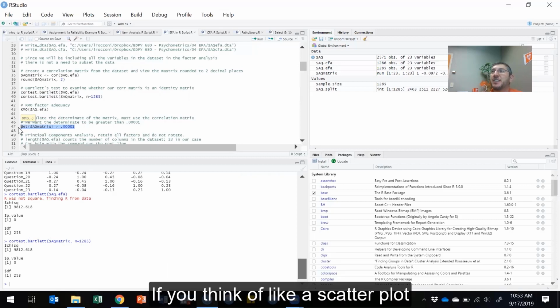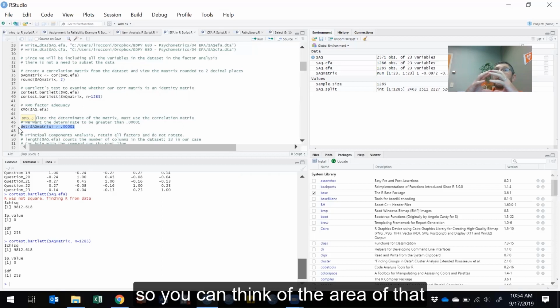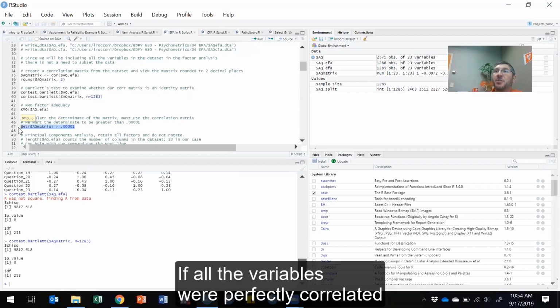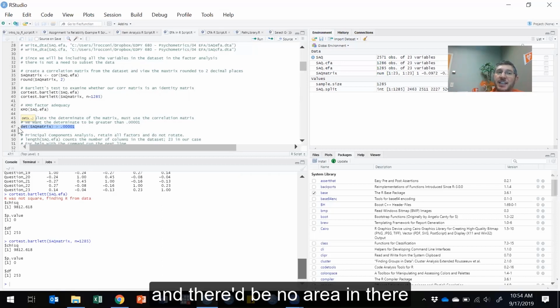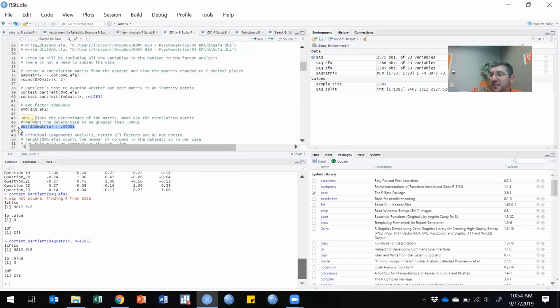If you think of a scatter plot, and all the variables are plotted against these two, you can think of the area of that as the determinant of the matrix. If all the variables were perfectly correlated, they'd all line up along a straight line, and there'd be no area in there. So the determinant of the matrix would be 0.